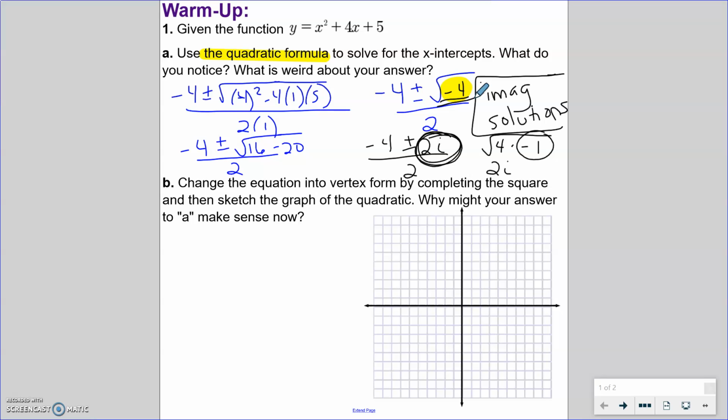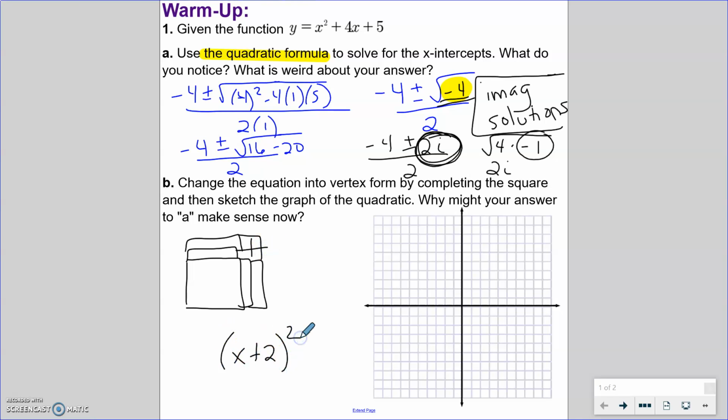So for letter B, when it says change the equation into vertex form by completing the square, I'm going to do the diagram way. So here's my x squared box. There's 4 x rectangles total, so there's 2 on each side. So this would be x plus 2 quantity squared. We have 5 pieces, but this diagram only needs 4, so it's almost like we have 1 extra.